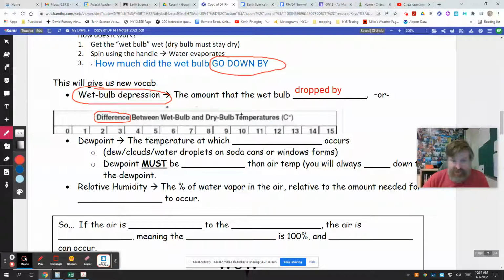This sentence up here does not say wet bulb temp, does it? It says something very different. It says difference between wet bulb and dry bulb temperatures. So take whatever you got for a dry bulb, which is plain old air temperature. Again, in my fake example, it's 24. If it went down to 20, it went down by 4.